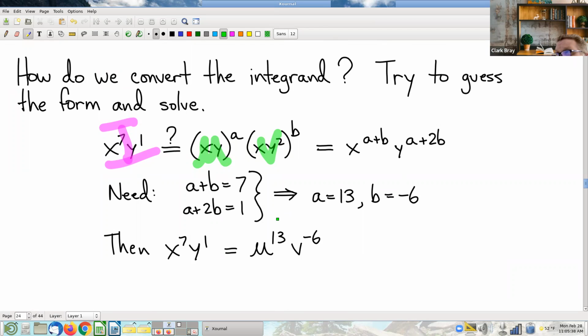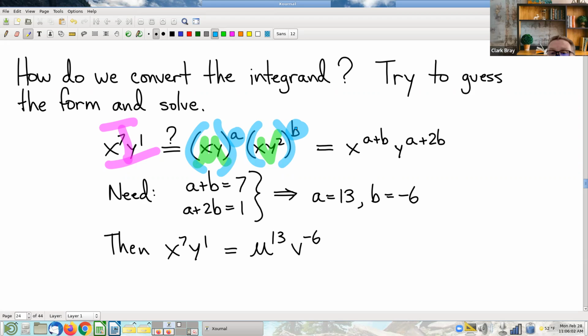Notice that my u and my v are products of powers of x and y. So what can I do to products of powers to produce a different product of powers? I feel like maybe taking a product of powers of my product of powers might get me the product of powers that I want, right?